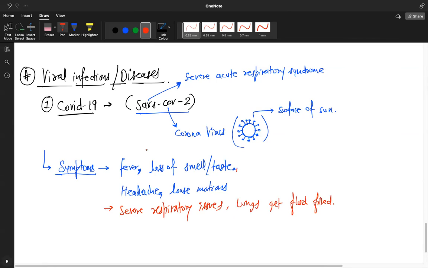And it is infectious, so it can spread through air, through the droplets that can be sneezed out or exhaled. It can spread through tiny air droplets exhaled from the infected person. It can also spread through contaminated objects or the contaminated surfaces that you come in contact with.